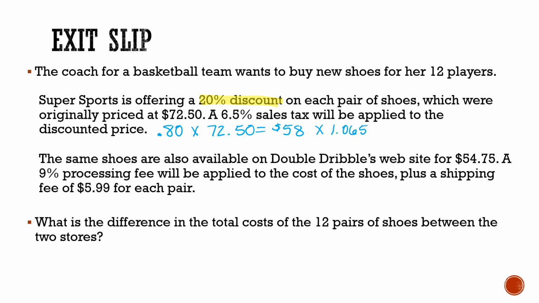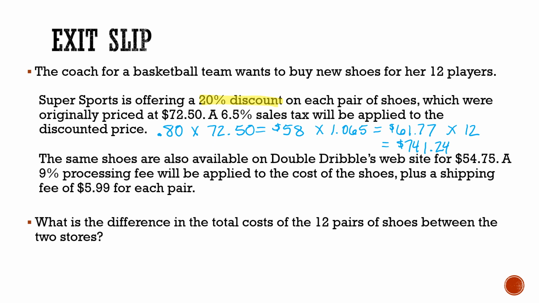So really what we're doing there is adding the 100% of the price plus 6.5% sales tax, which is 106.5%. And we write that as a decimal as 1.065. When you multiply that, you get $61.77. Now you'll need to multiply that by the number of shoes, which is 12. Which gives you a total of $741.24.